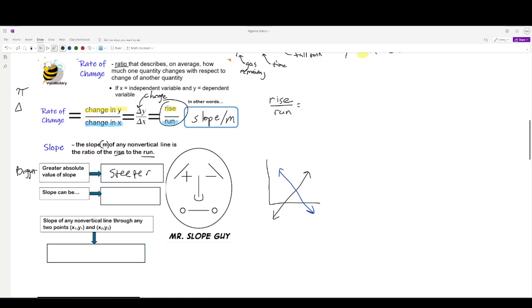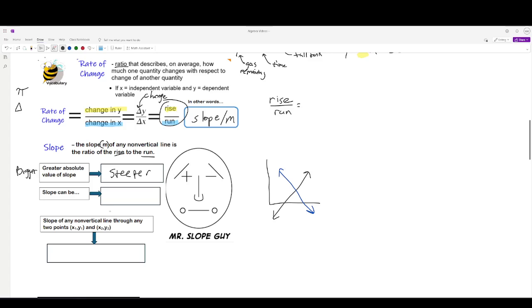Think about riding your bike up a hill. Whether it's going up or down, a steeper hill is still steeper, right? It doesn't matter whether you're going uphill or downhill. Steepness doesn't care about direction. It's just how much closer to vertical a thing is.